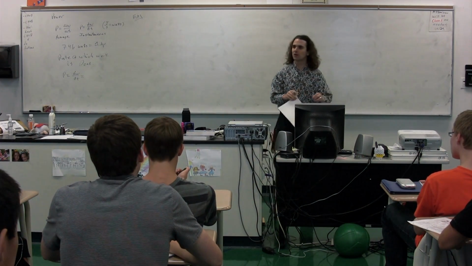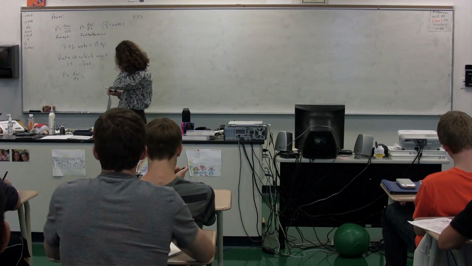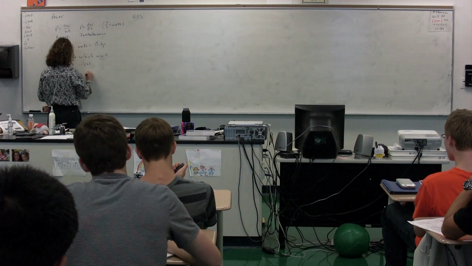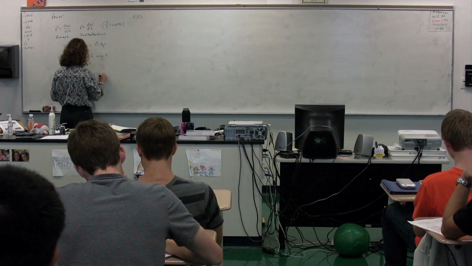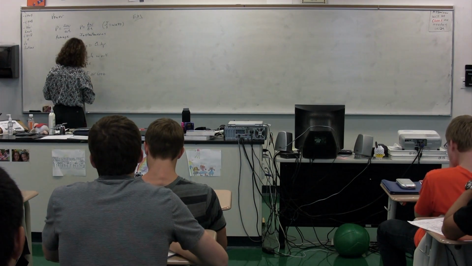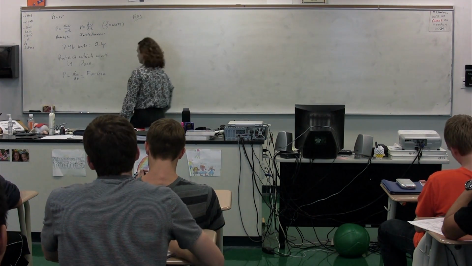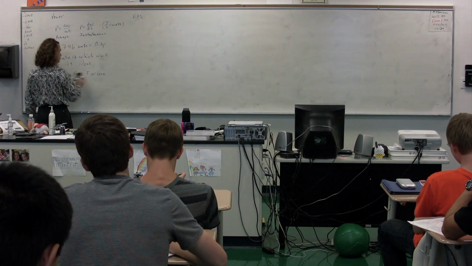What is the equation for work with a constant force? Gary? Force times delta R. We have F delta R times the cosine of theta. So if the force is constant, let's actually do this.